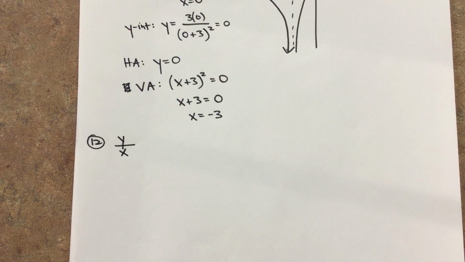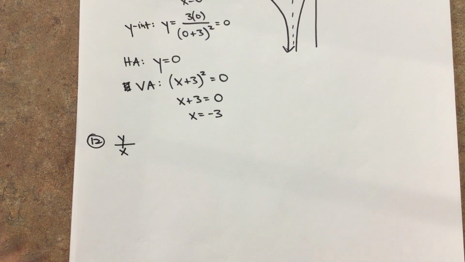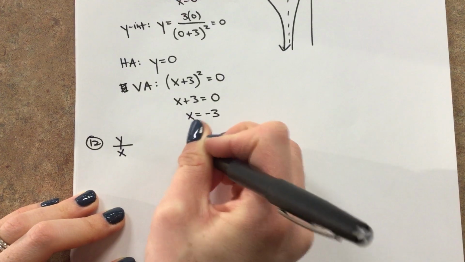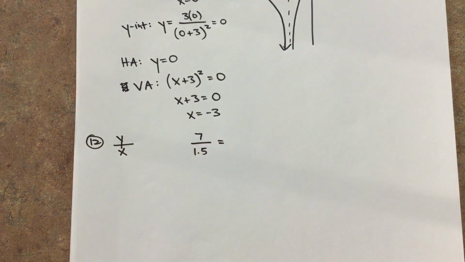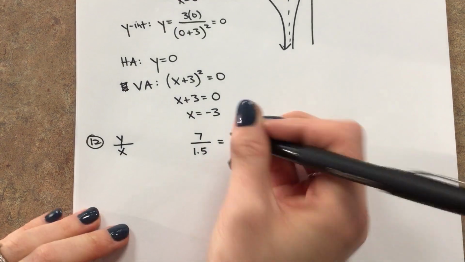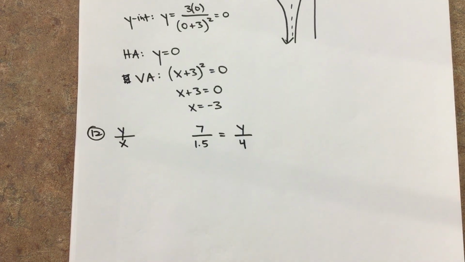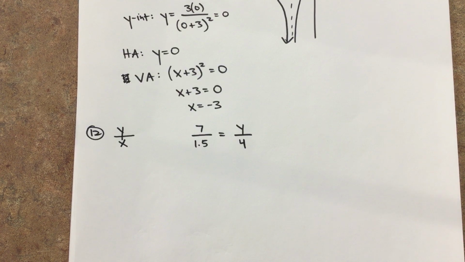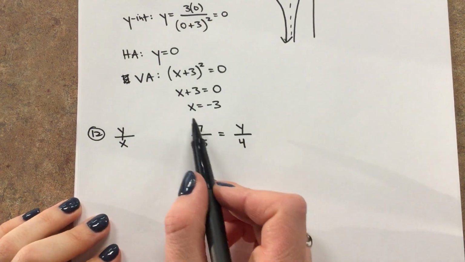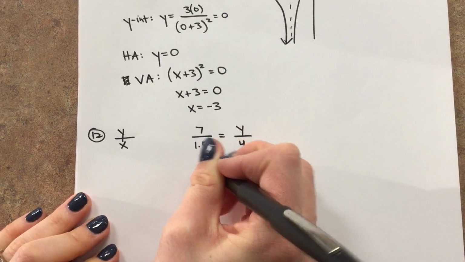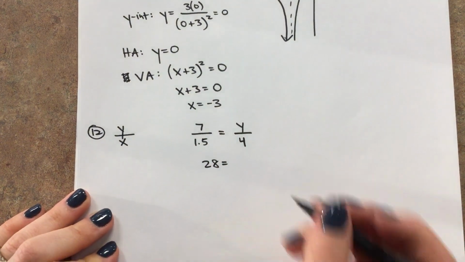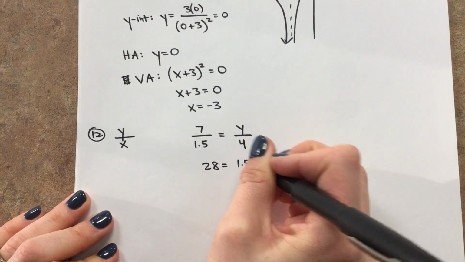So they tell us y is 7 when x is 1.5. So we have 7 over 1.5. And then it says find y when x is 4. So you do y over 4. So you set it up like that. And with fractions like that, I would say cross multiplying would be the best way to go. So if you cross multiply the 7 times 4, you get 28 equals, and then cross multiply here, you get 1.5y.